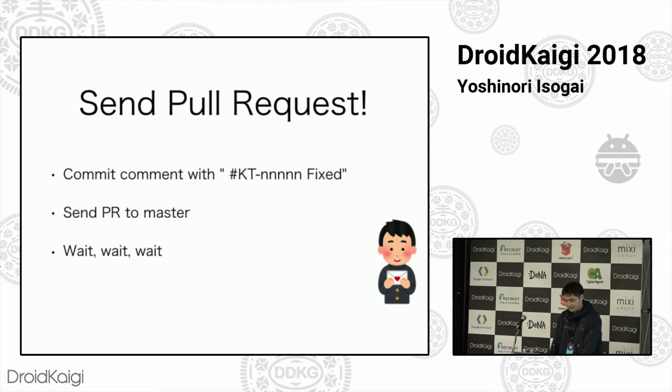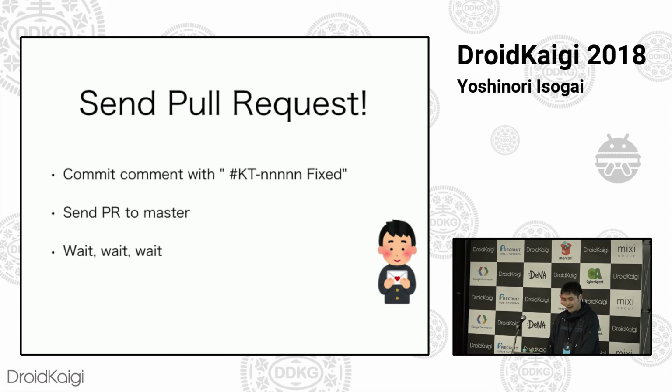Let's finish it up. The documentation requires the commit comment to have the issue number. So if you work on issue 123, then you will comment KT-123 space fixed. You must send the pull request to the master branch.